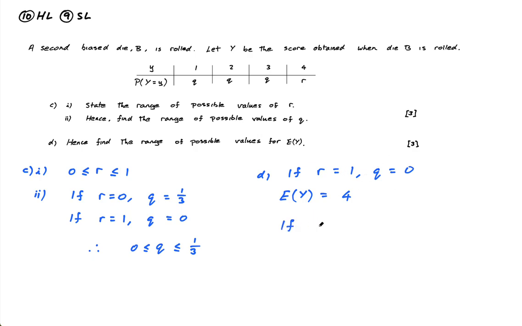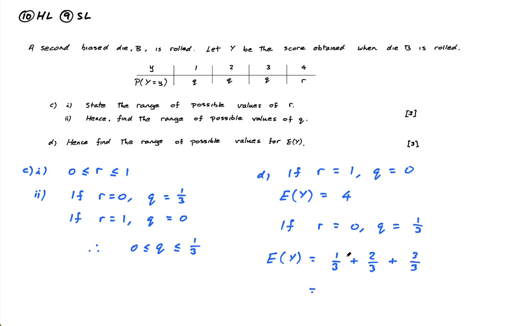If R equals 0 and Q equals a third, then the expected value of Y has to equal 1 times a third plus 2 times a third plus 3 times a third plus 4 times 0. So that would be 1 times a third is 1/3, 2 times a third is 2/3, and 3 times a third is 3/3.